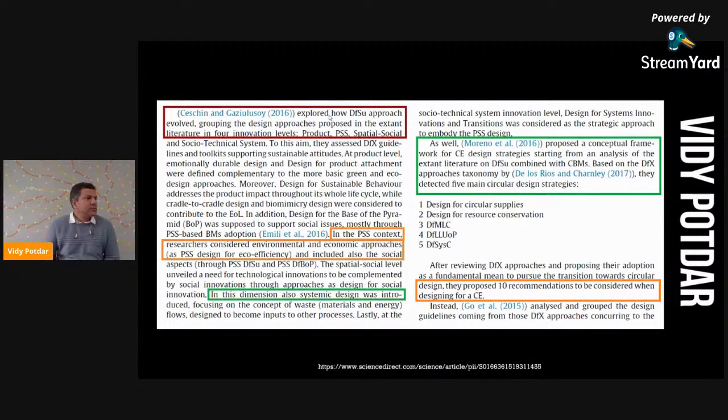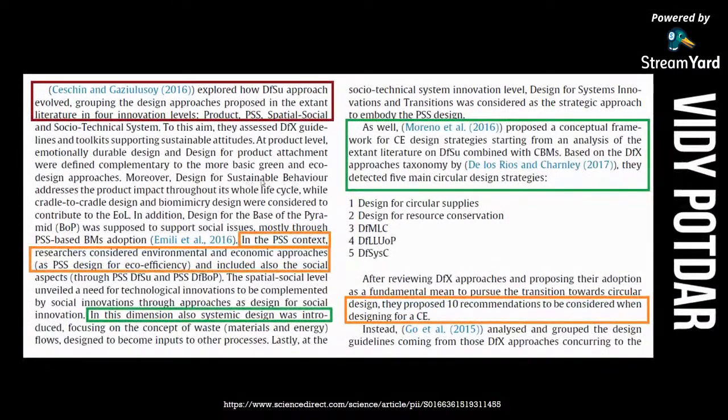So this author explored how the DFS approach evolved, grouping the design approaches. So what have they done? In the PSS context, researchers considered environmental and economic approaches. In this dimension, also systematic design was introduced.